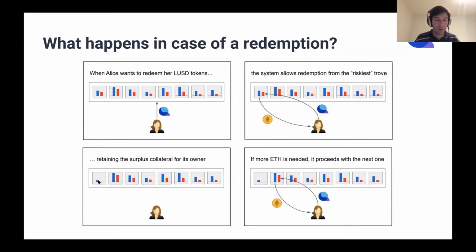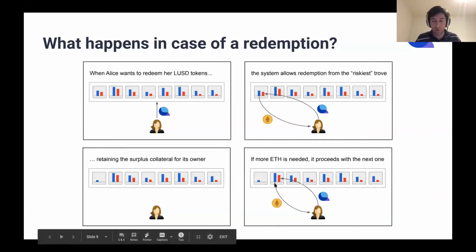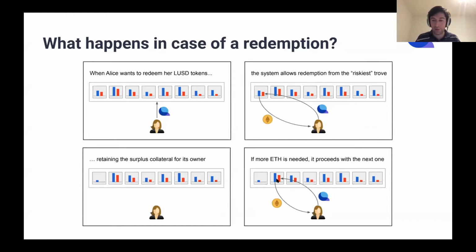So you see that there will be a remainder here which stays with the borrower. So even though he loses his collateral or some part of it, the net loss should be zero. So it's a zero-sum game for him, even though it might be a bit inconvenient for the borrower. And if that's not enough, the system would just proceed with the second lowest or second riskiest position, and so on.